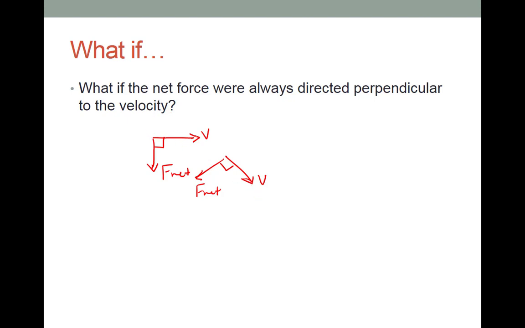Well, the velocity's magnitude will not change because the force is always perpendicular to the velocity, so that only causes a change in direction. You will see this thing constantly changing direction, and as it constantly changes direction, it will trace out a circular path.